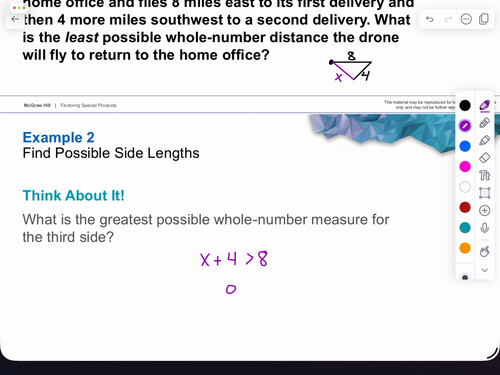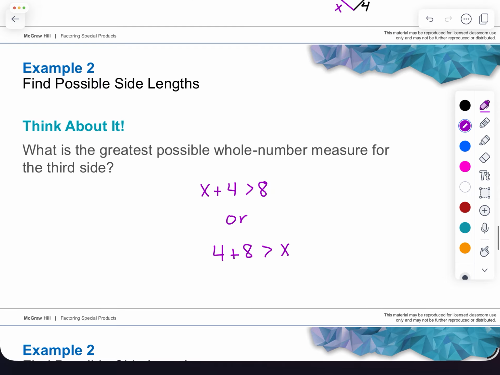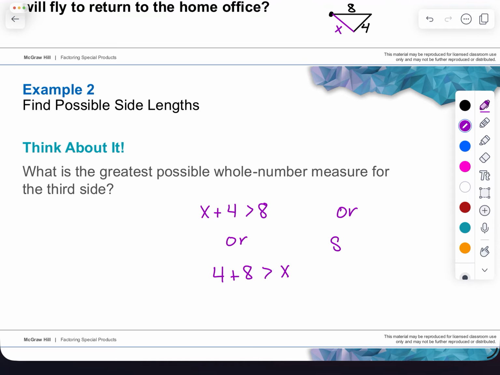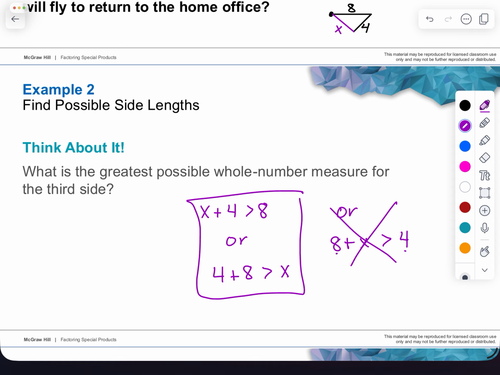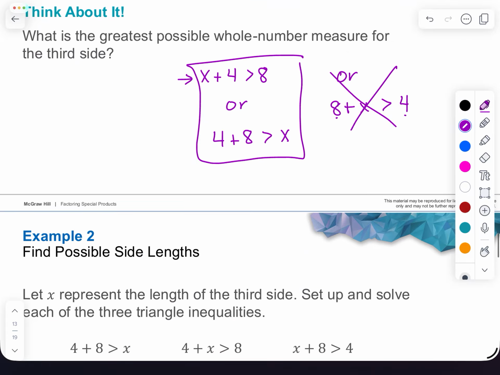Or is it 4 plus 8 greater than X? Or there's one other option: 8 plus X greater than 4. I think we know that it should probably be one of these two, because 8 and 4 doesn't really make as much sense here. And I think I lean towards this one. There we go. Let's go down and see what they do.